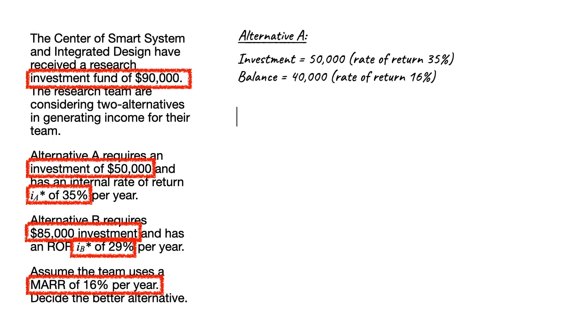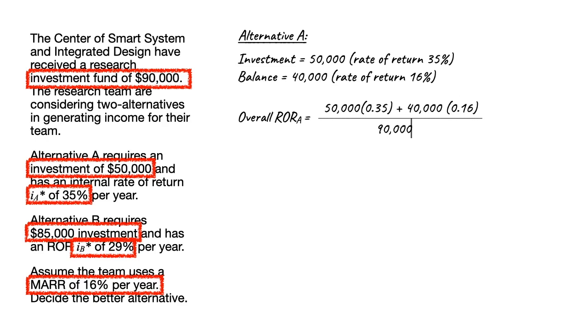In order to get the overall rate of return, we perform the weighted average calculation, whereby 50,000 multiplied by 35% or 0.35, plus the remaining fund of $40,000 multiplied by 16% or 0.16, and divide it by the total fund received, which is $90,000. We then multiply the average value by 100% and we get the overall rate of return to be 26.6%.